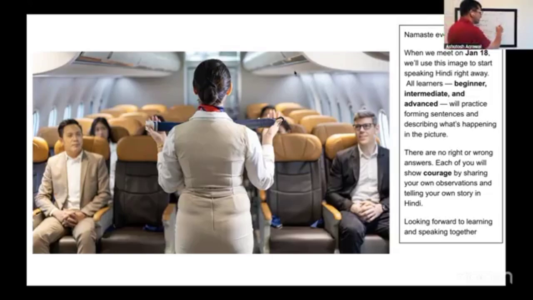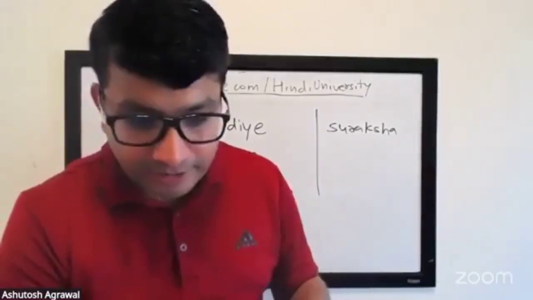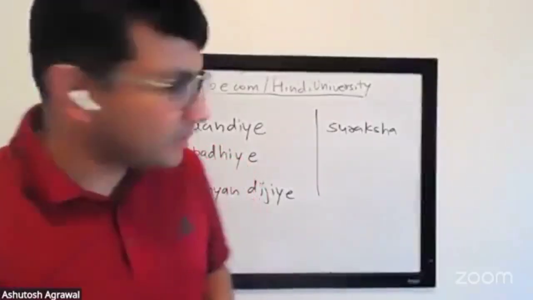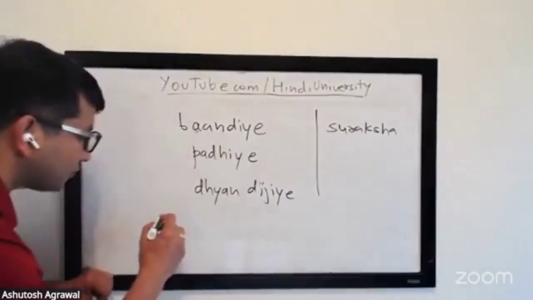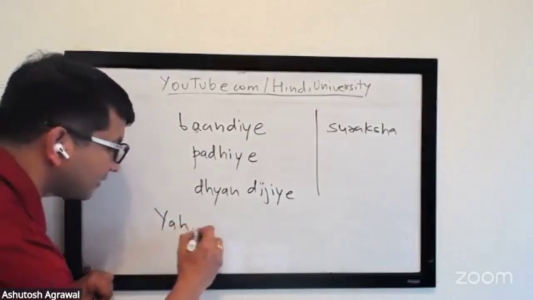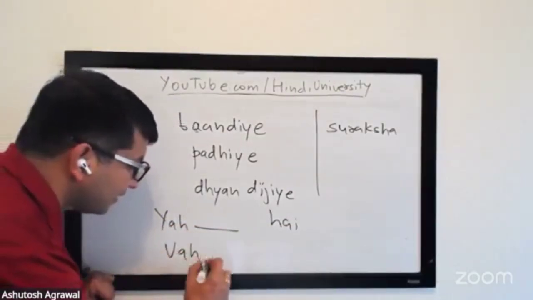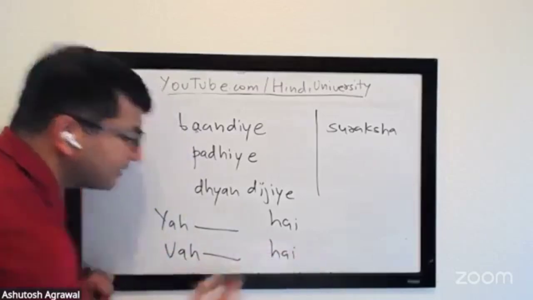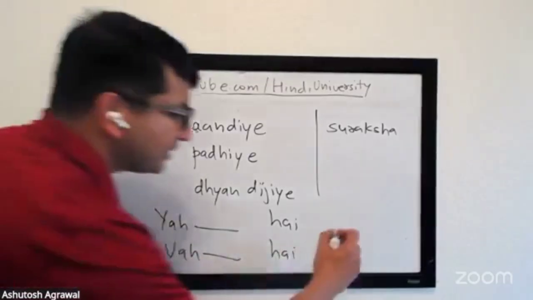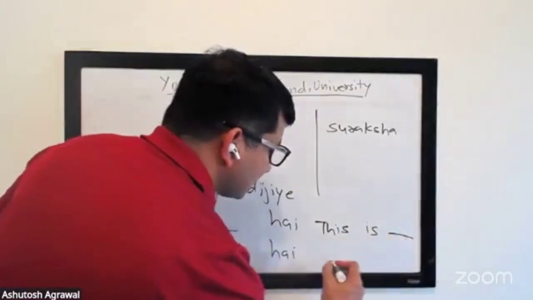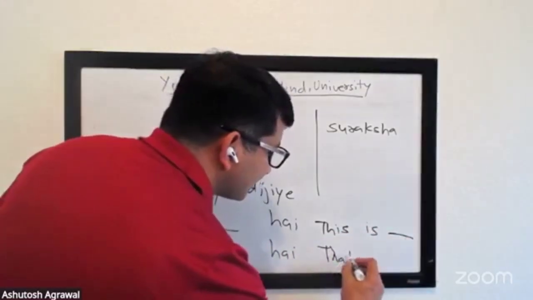Okay, Suraksha, even at your current level, I'm going to give the pattern. Even if you were to just say yeh hai and vah hai, that itself is fine, which is nothing but this is and that is.